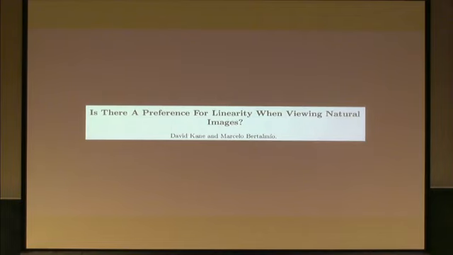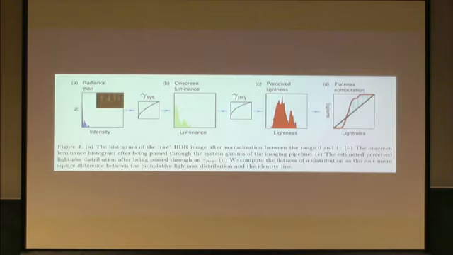Okay, in a very recent work, we studied the following problem. We showed observers images, and we asked them to rate how good they look to them. The model was that you take a radiance map, linearly scaled.